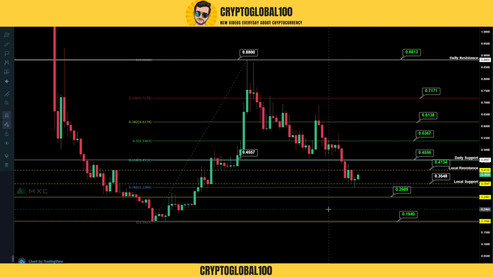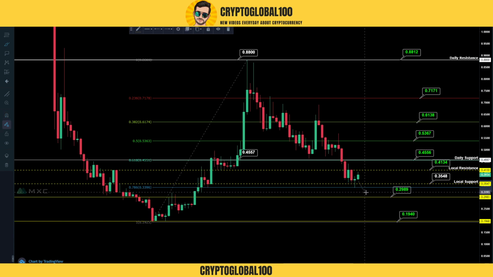So if BTC dumps, we might see a test at this level. If it further falls down, then we might see a retest here as well, 0.194.